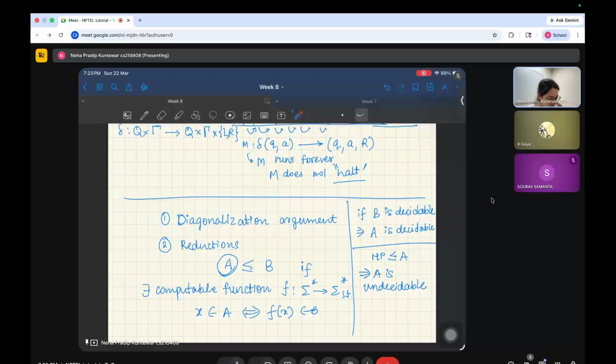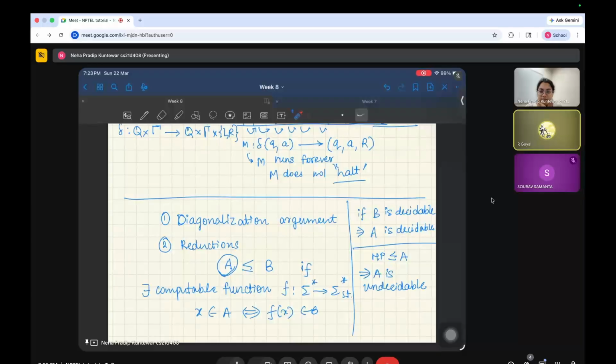Total Turing machine. Actually, this computable function is not that clear. I mean, which functions are computable and which are not? Say I view the computable function like this: I give x as the input, and the Turing machine should be able to compute f of x. And this f is computable.